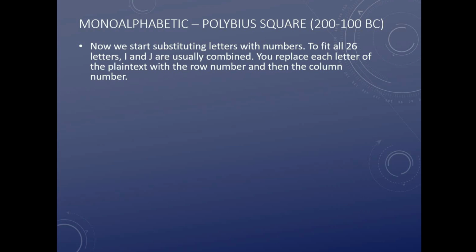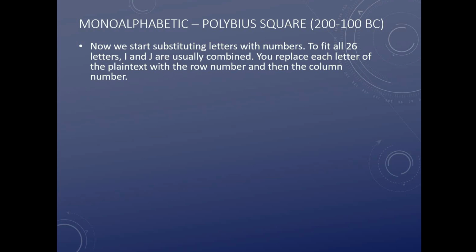Okay. And one more. All right, this one started out fairly simplistic, but started getting really difficult. The Polybius Square. And actually, this was even before the Caesar cipher. This is 200 to 100 BC. We're substituting letters and numbers.